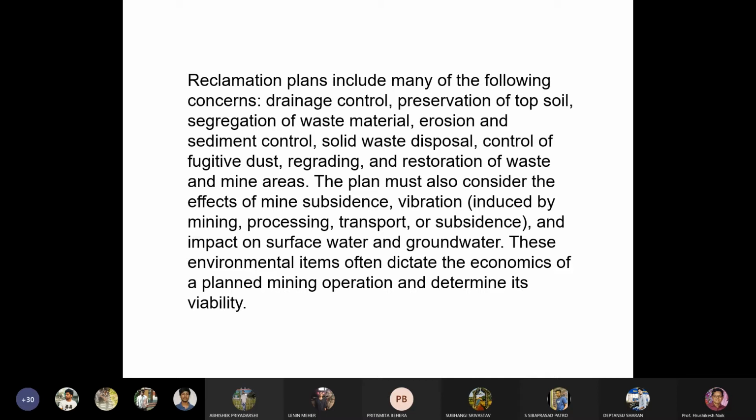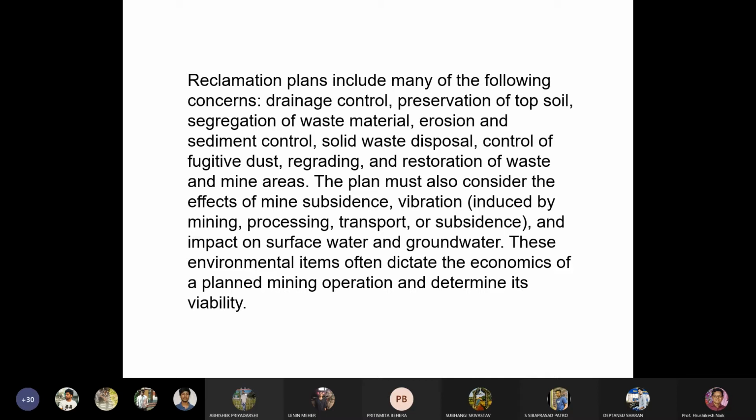So what is to be done during reclamation? You have to control the drainage. You have to preserve the topsoil, which will be sprayed on the reclaimed land so that new vegetation can grow. Then you have to segregate the waste materials, rocks, and soil.